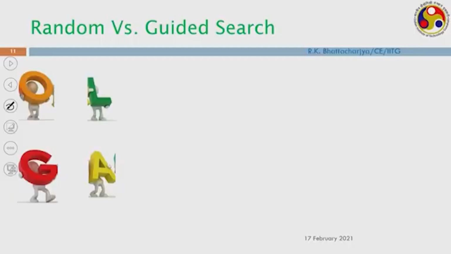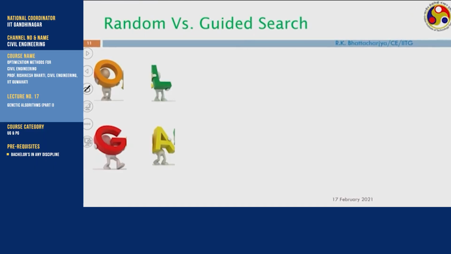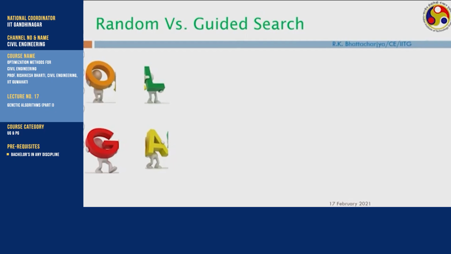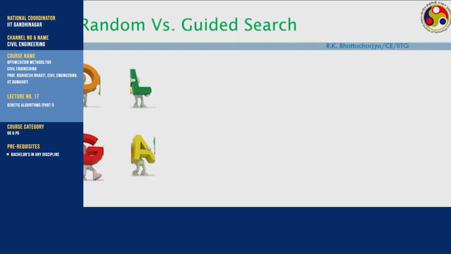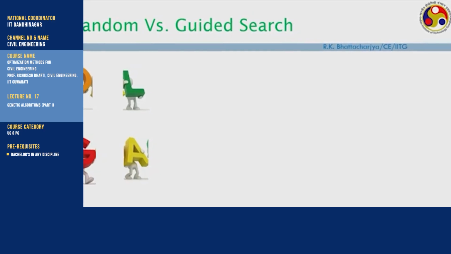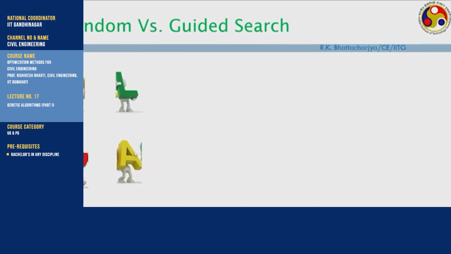Now, just take an example of these building blocks. Okay. So, now this is a very simple problem. With this I would like to explain what is random search and what is guided search. So, now I have 4 letters, and these are O, L, Z, A. So, these 4 letters I have.